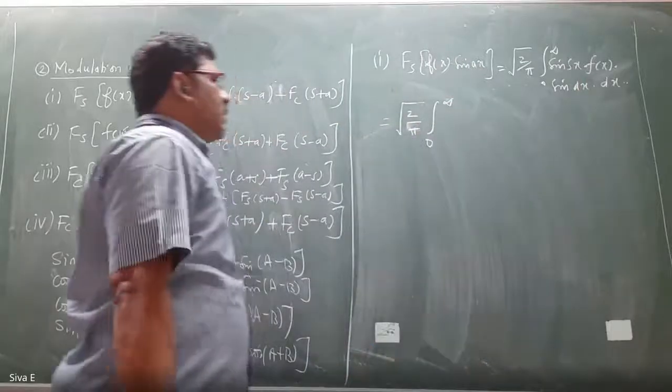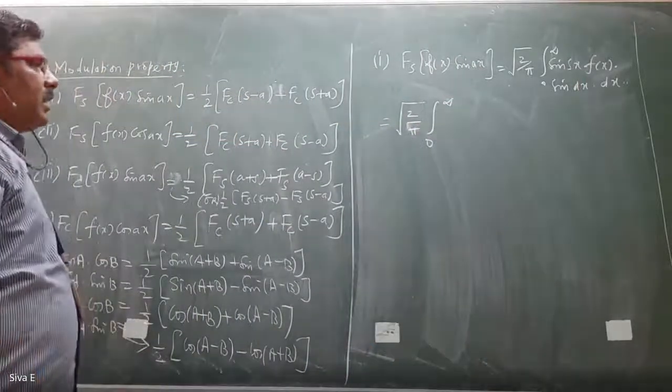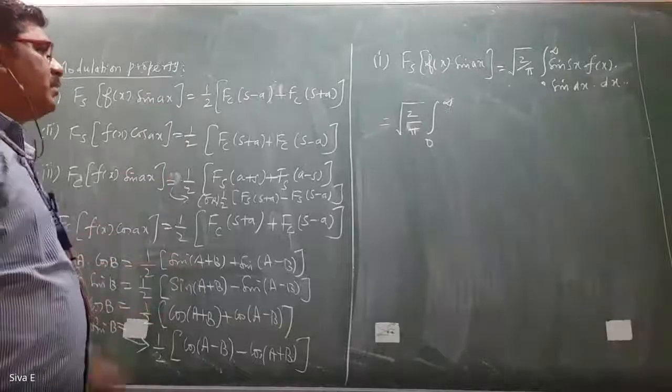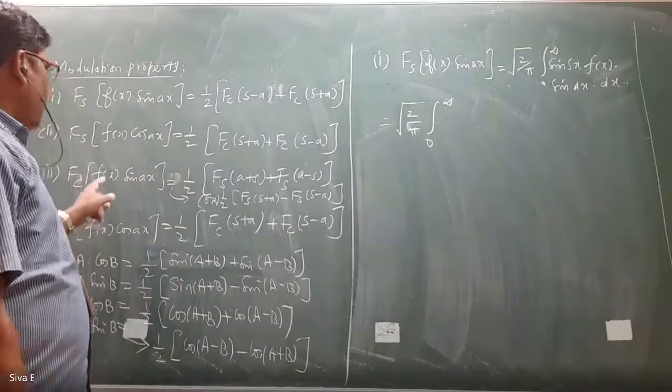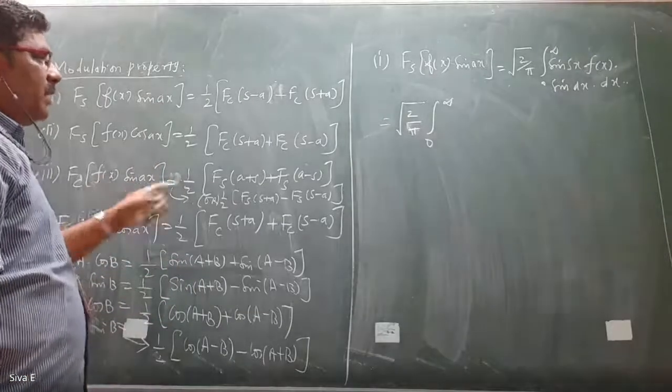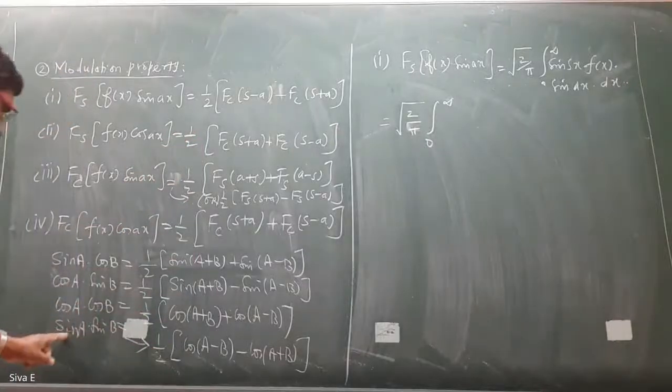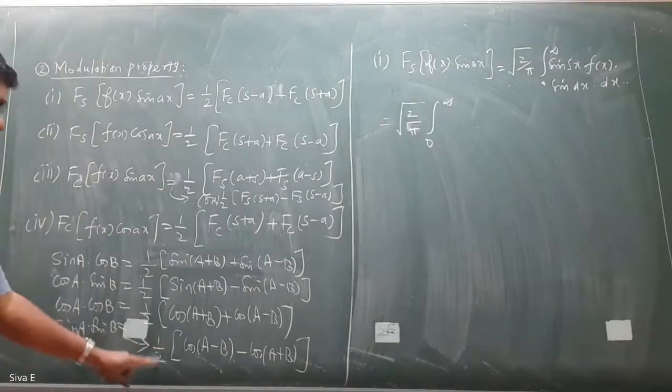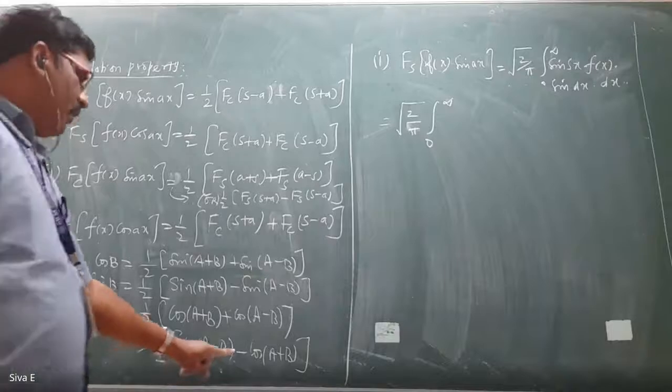Sin sx sin ax is there. Take it that sx is a, ax is b. So it is the sin a sin b formula: 1 by 2 cos a minus b minus cos a plus b.